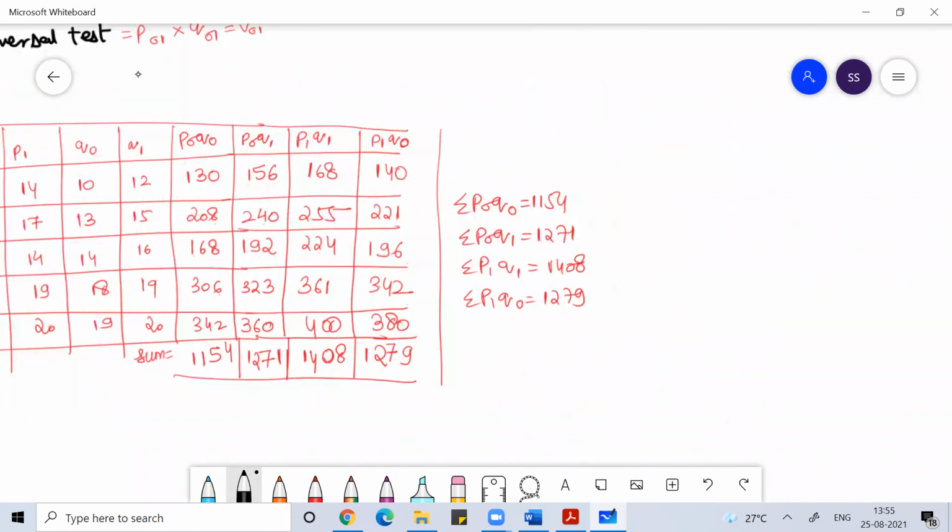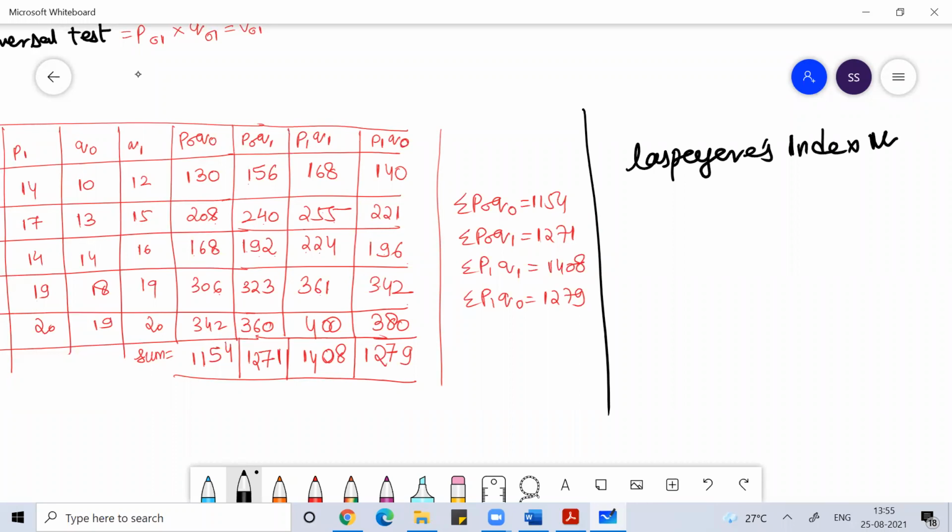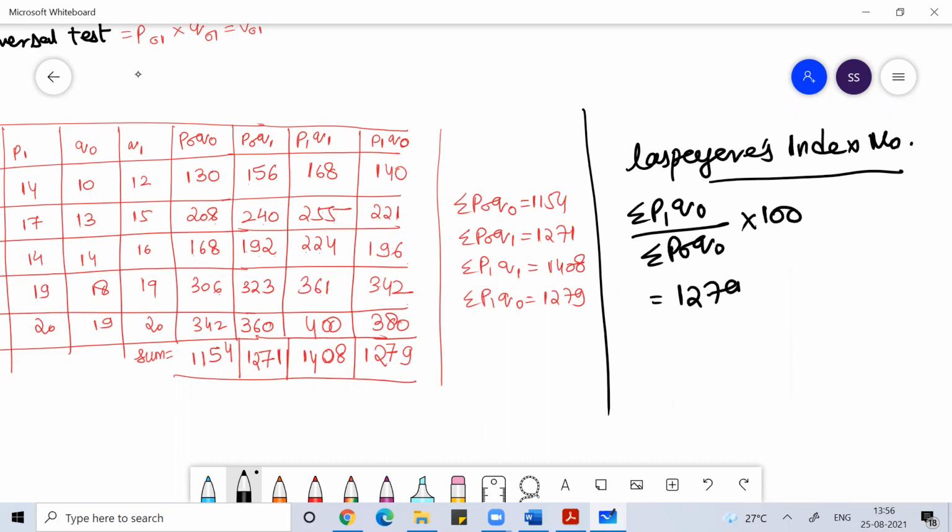Can we do this? So if I find the Laspeyres index number, then the formula for that is sum of P1 Q naught divided by sum of P naught Q naught into 100. So this is sum of P1 Q naught, 1279, by 1154 into 100.